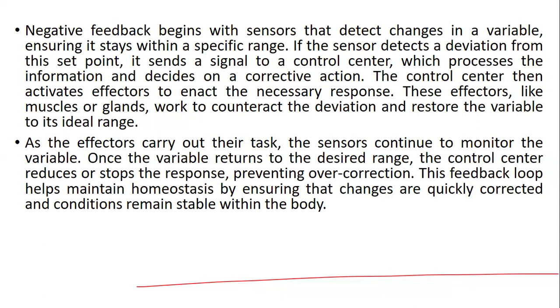Okay? So you're going to find that these thermoreceptors are always able to notice that the blood flowing close to your skin is either hotter or colder, okay, than the set point, or is at the normal required temperature.